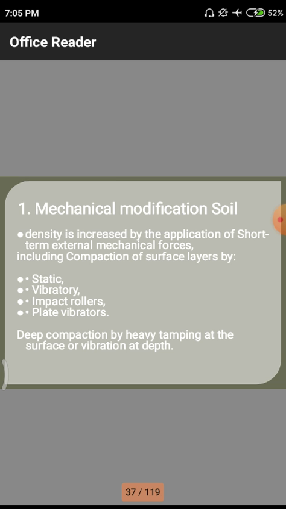Due to the movement of this heavy mechanical equipment, the particles move close to each other, so the density of the soil increases. Whenever we have to do densification, we do it by using these kinds of mechanical equipment.